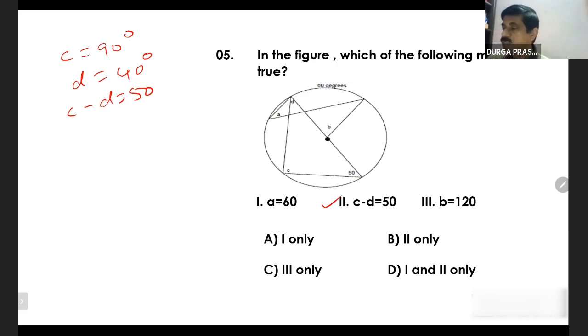So angle B is 120. That is ruled out. Now we should see if angle A can be 60 or not.